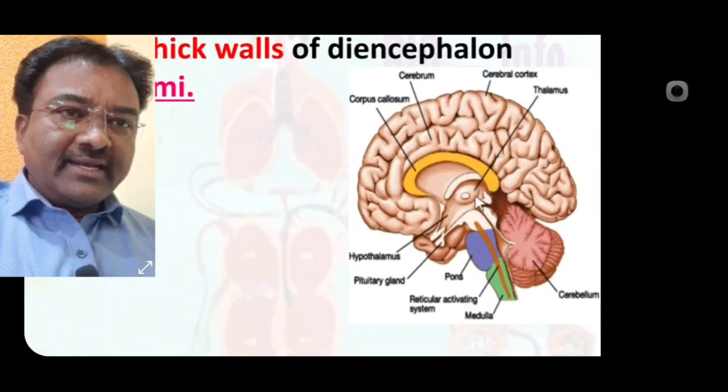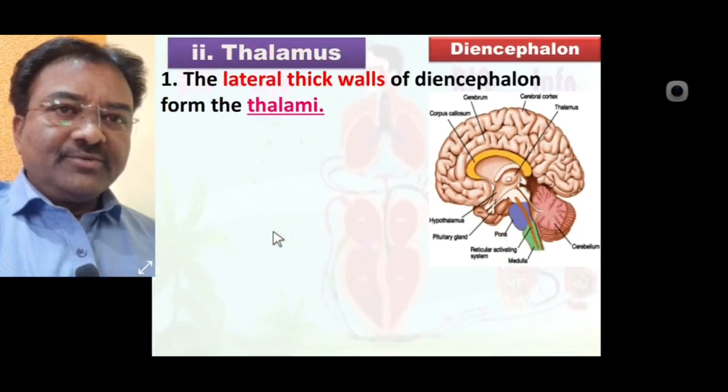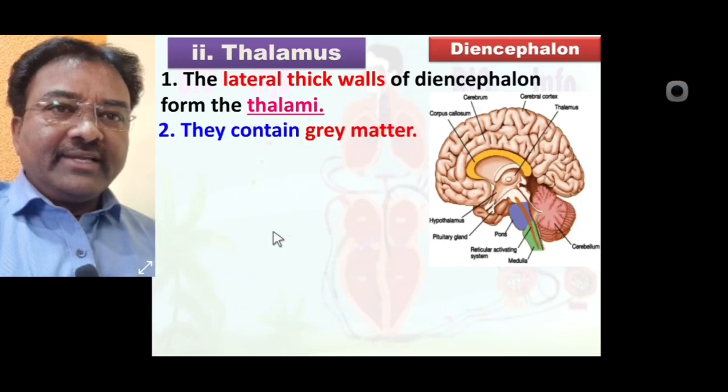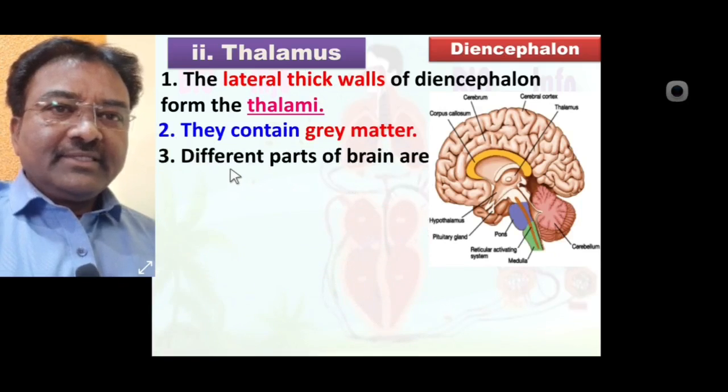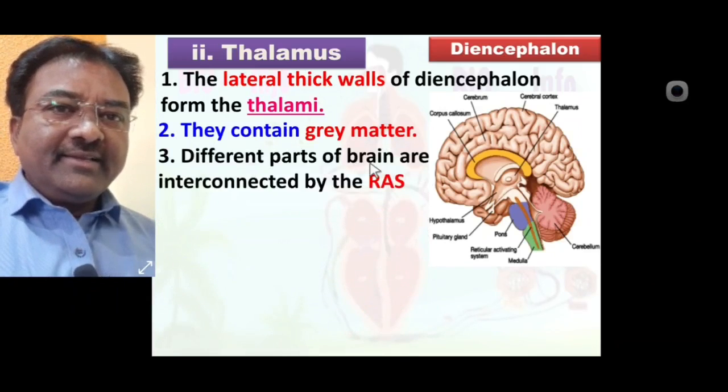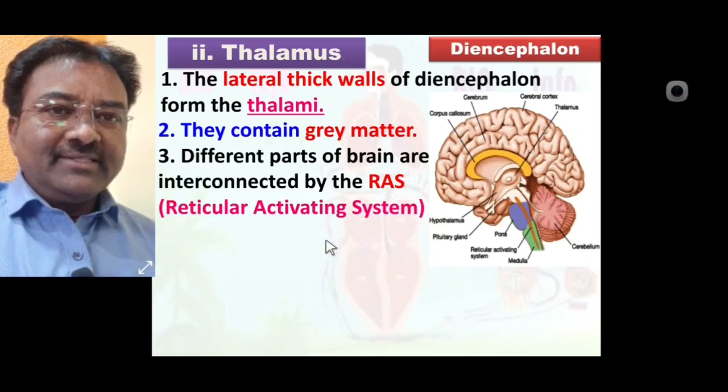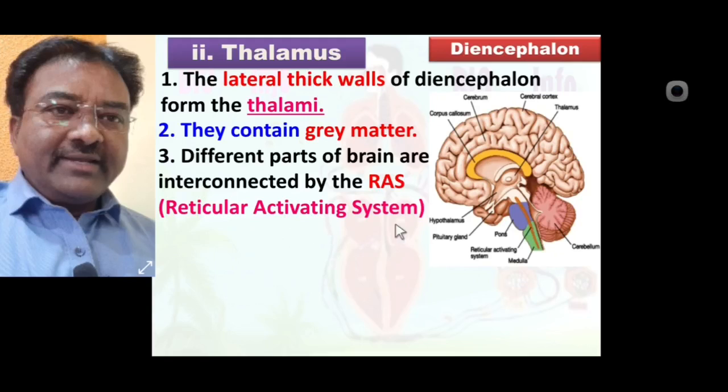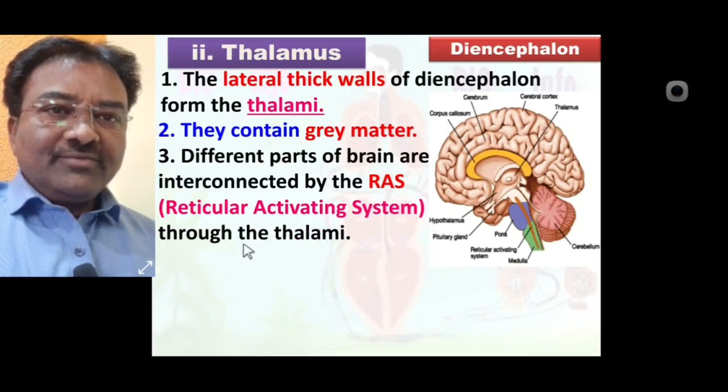This part is the thalamus, laterally on both right and left sides. They contain gray matter. Different parts of the brain are interconnected by RAS, the reticular activating system, through the thalami.